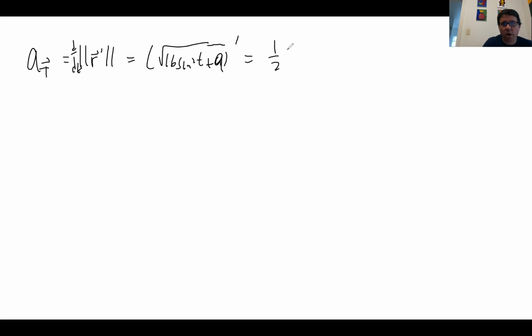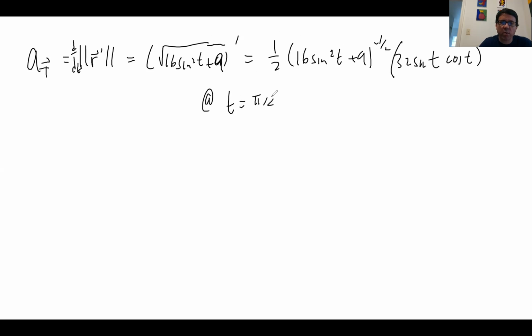So that's going to be 1/2 times 16 sine squared t plus 9 to the negative 1/2. And then you multiply that by the derivative of what's inside. And that will be, well, the 2 will come down, it'll be 32 sine t cosine t. And again, you only really care about this at t equals pi over 4.